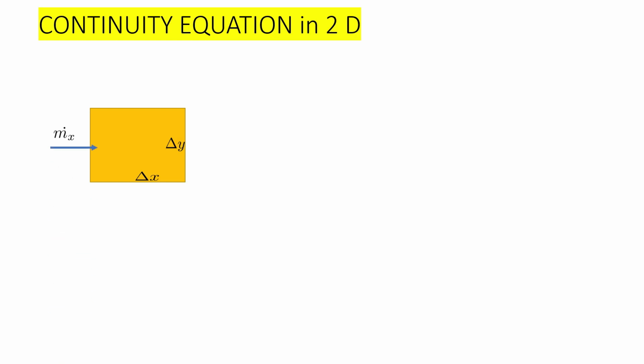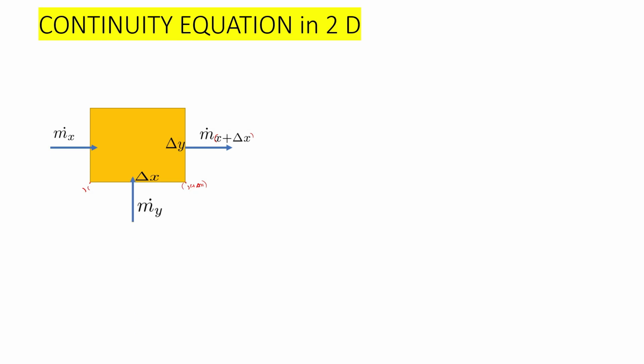So there is a mass flow rate m dot x flowing in the x direction, and at x plus delta x, the mass flow rate is m dot x plus delta x. So initially this position was x, so this position will be x plus delta x.